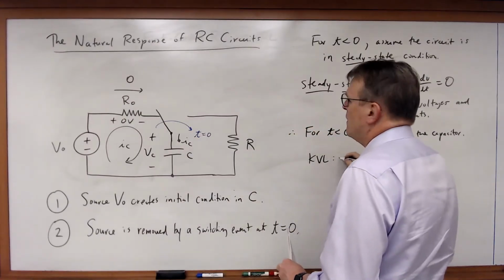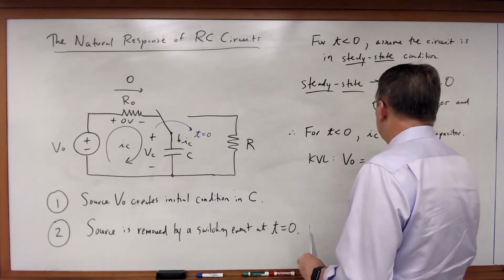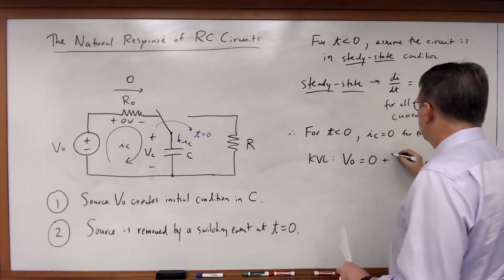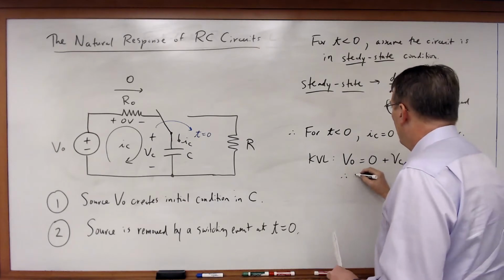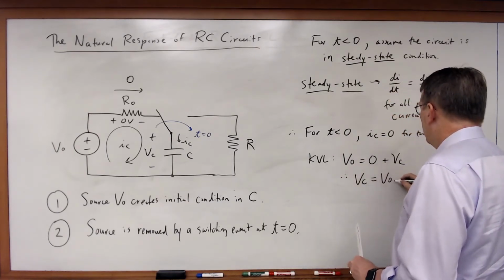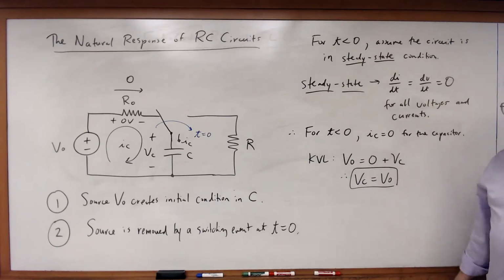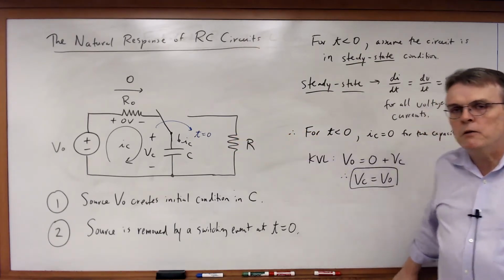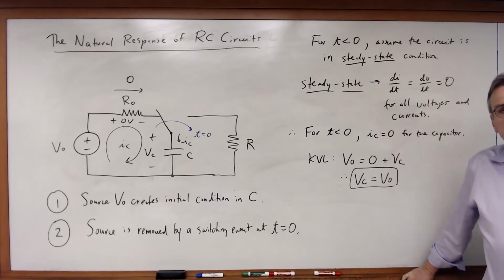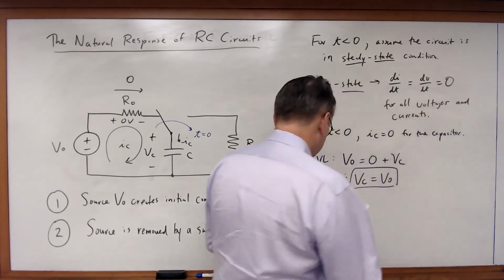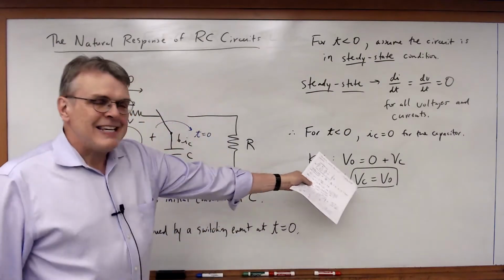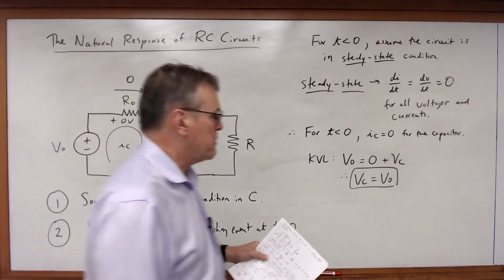By KVL, V0 is equal to 0 plus VC. Therefore, VC is equal to V0. So the voltage across the capacitor is equal to the voltage V0 in steady state operation. All right? This is the initial condition for the capacitor.